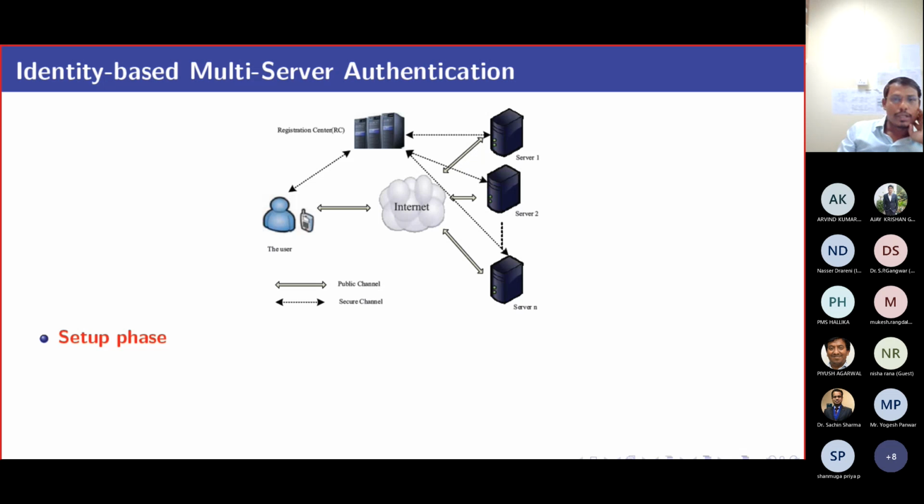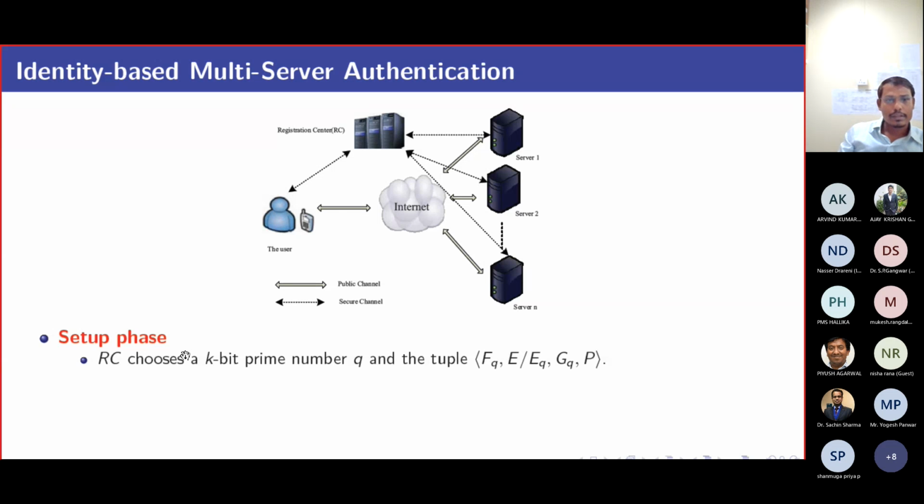So here you see, in this authentication system, first we have to design the common parameters so that the system can run. Here RC will take the responsibility to design all the parameters. This is a crypto system designed based upon the elliptic curve.